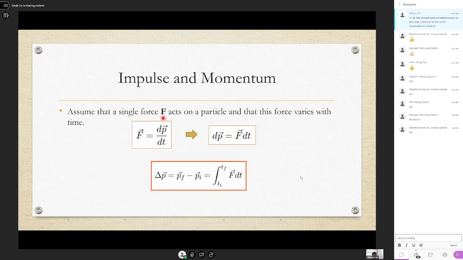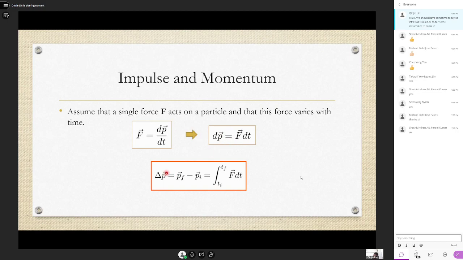Assume that a single force F acts on a particle and that this force varies with time. So this is the formula. If you change it to another form, you bring this dp up. You will get dp, which is the change in momentum, equals force times dt, the change in time.